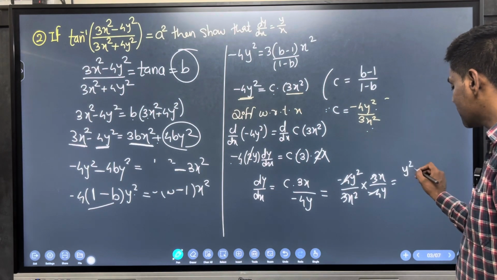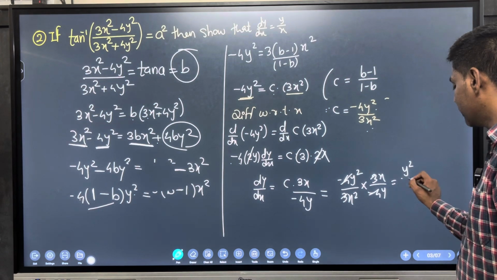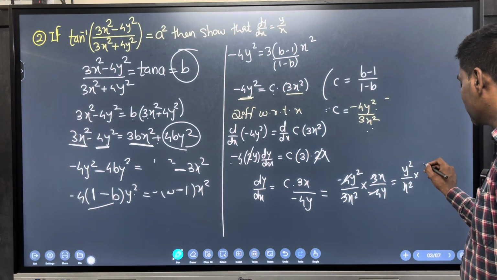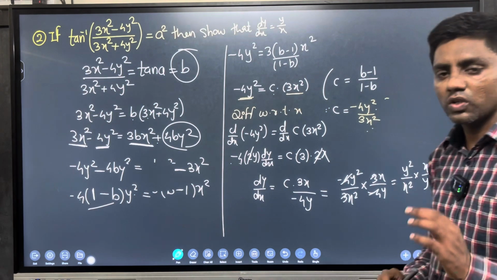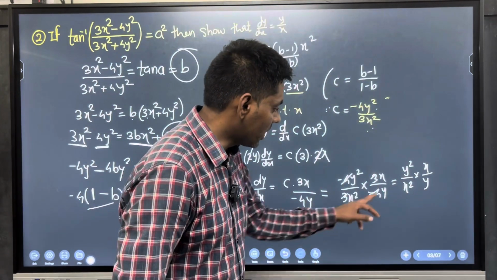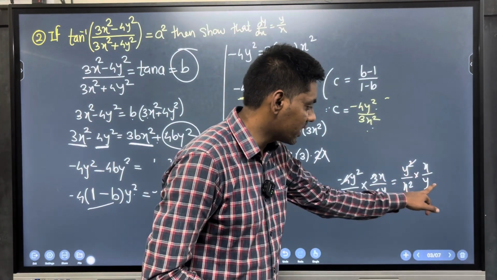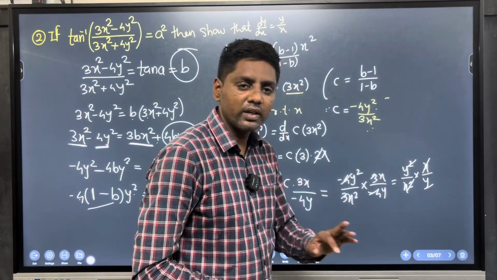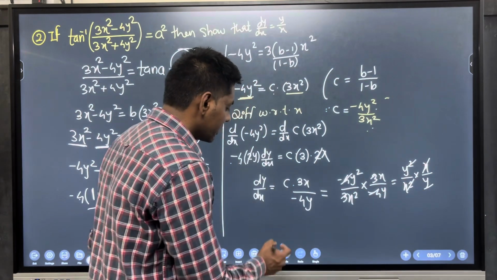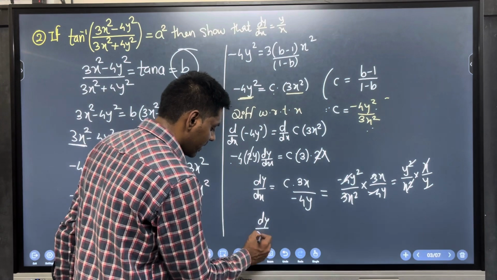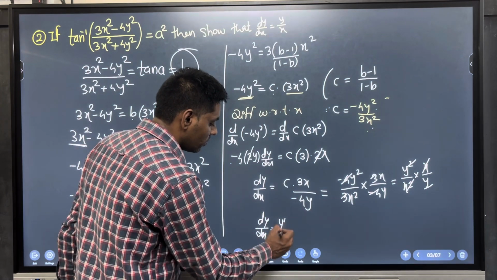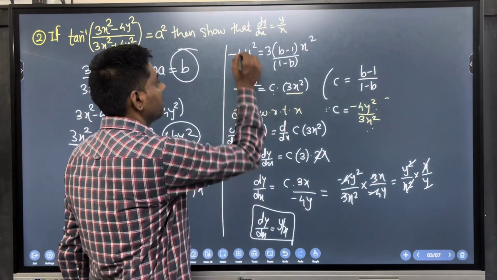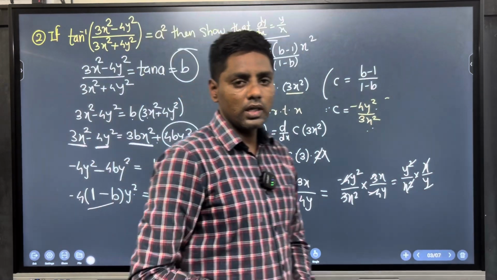Only y square divided by x square into x divided by y. Simple observation. So y square at the numerator, 1 y gets cancelled, and x square at the denominator and single x at numerator get cancelled. So after cancelling the terms, we get dy by dx equal to y divided by x. So this is our final answer.